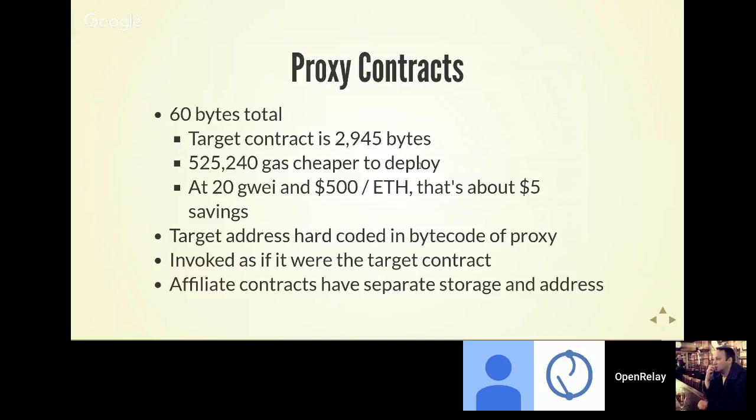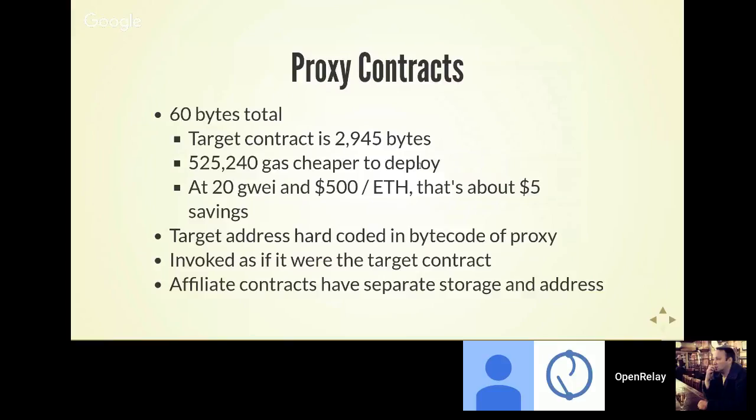If you figure that the network often requires you to pay 20 gwei per unit of gas and $500 ether, that's about $5 savings for deploying a proxy contract instead of a full-blown affiliate contract. As I noted a minute ago, the target address is hard-coded into the bytecode of the proxy as we generated the bytecode in the contract.